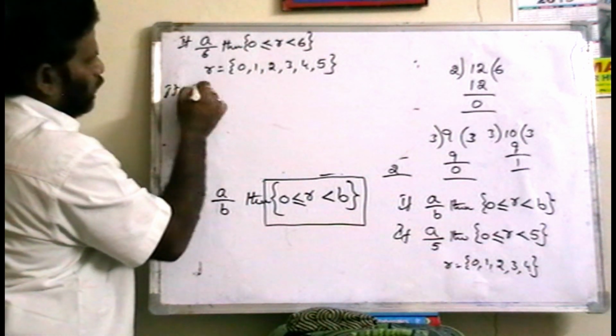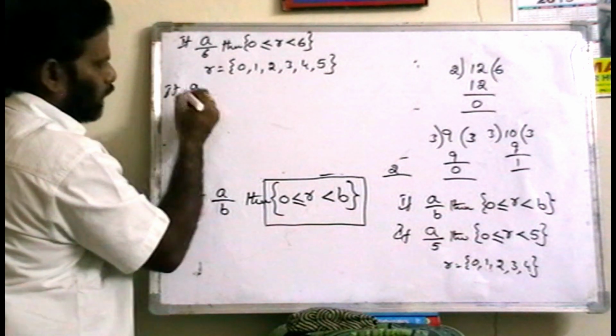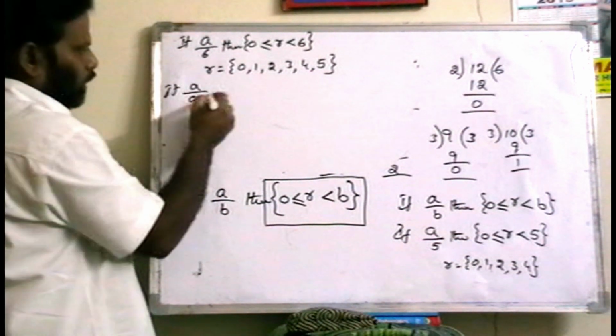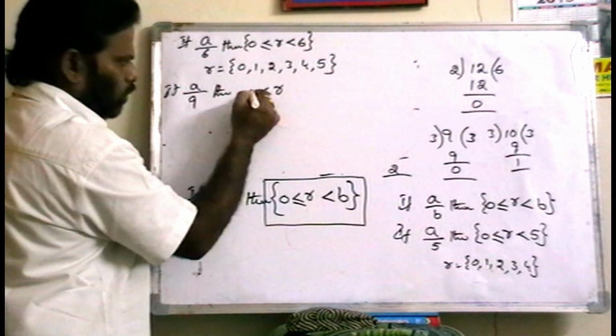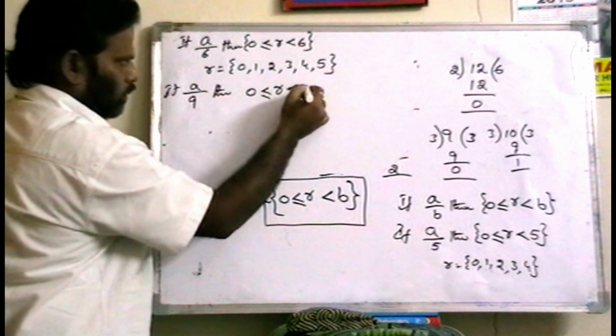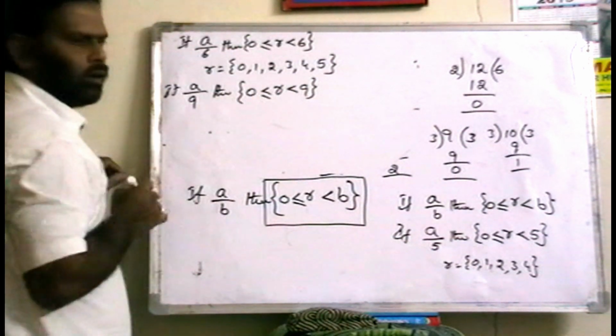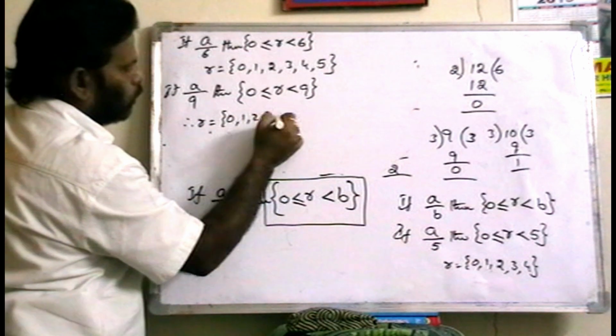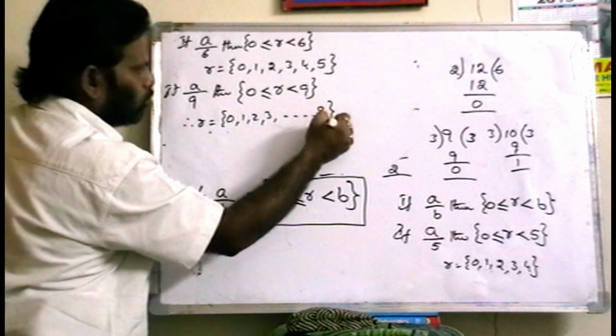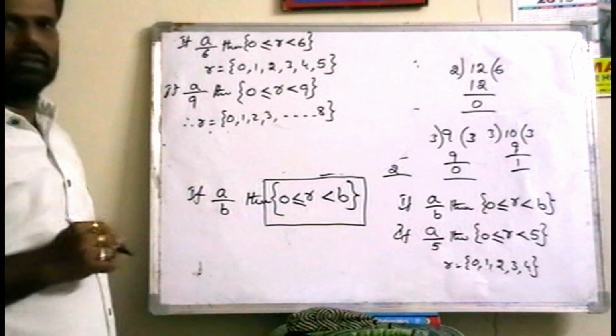If a is divided by 9, then the remainder is more than or equal to 0, less than the divisor 9. Therefore the remainders are 0, 1, 2, 3, 4, so on up to 8, that means less than 9 only.